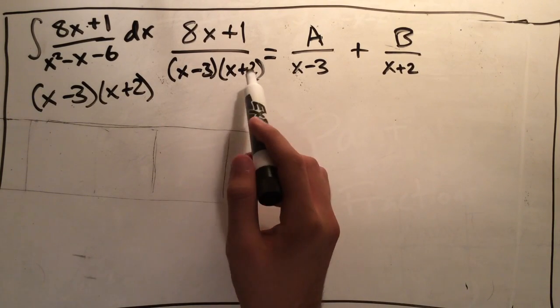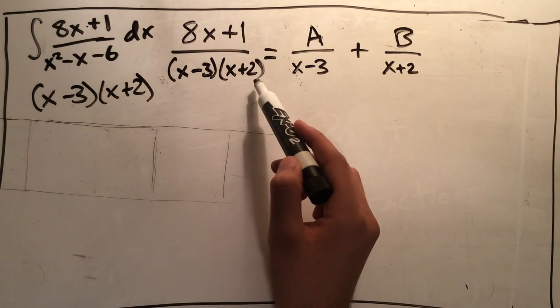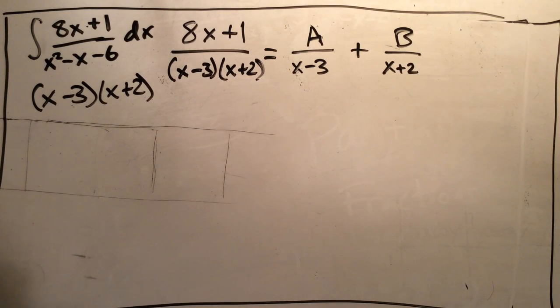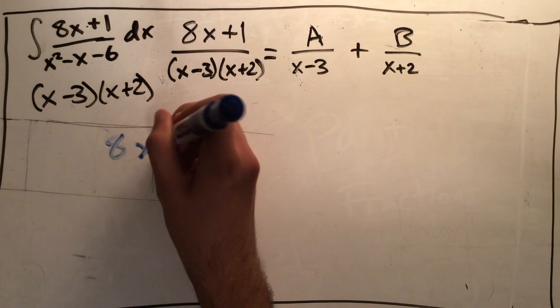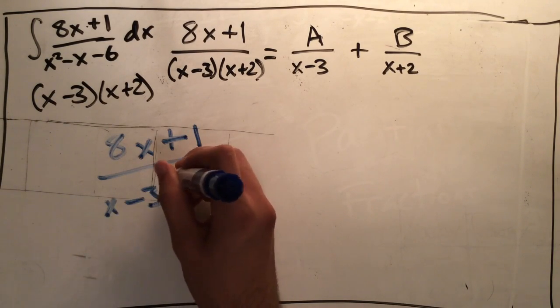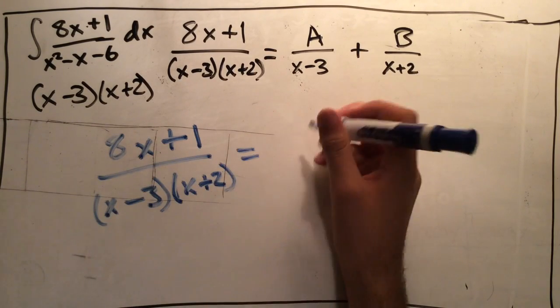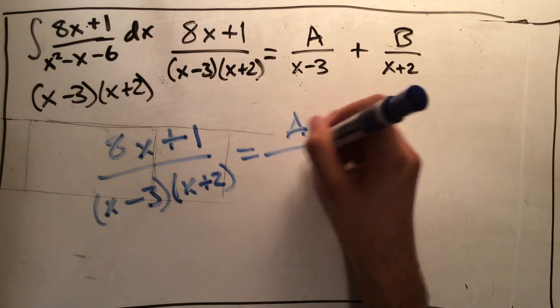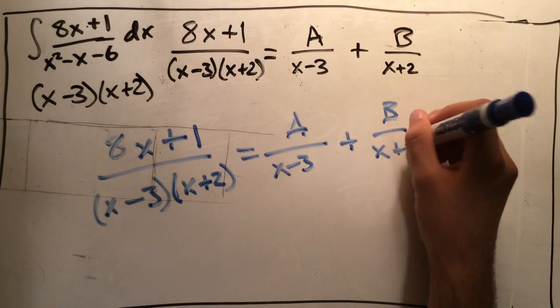We need to multiply every single term by x minus 3 times x plus 2. So if I bring this down a bit and change color, we have 8x plus 1 over x minus 3 times x plus 2, and then equals a over x minus 3 plus b over x plus 2.